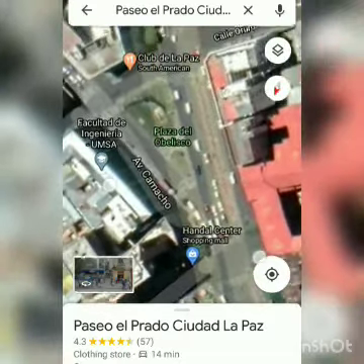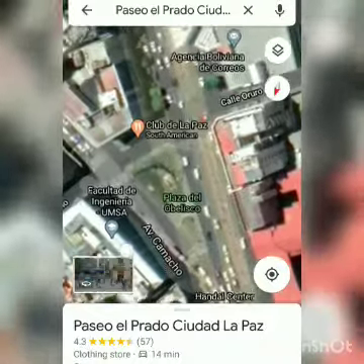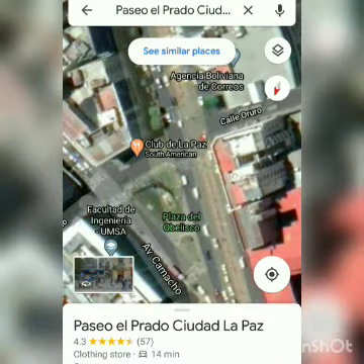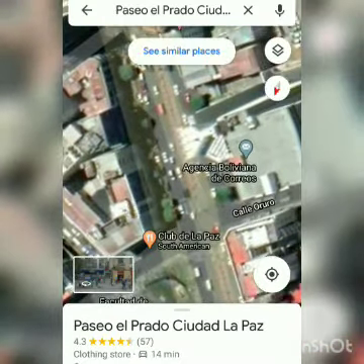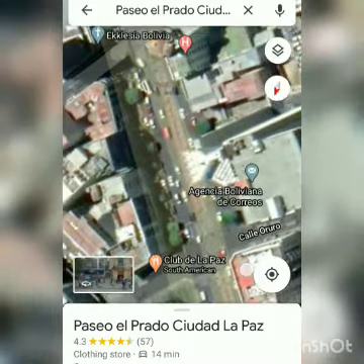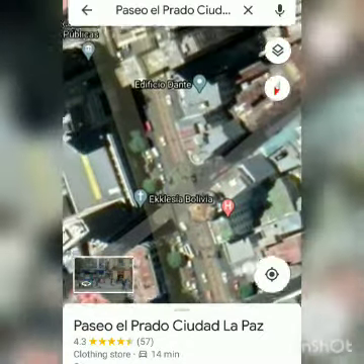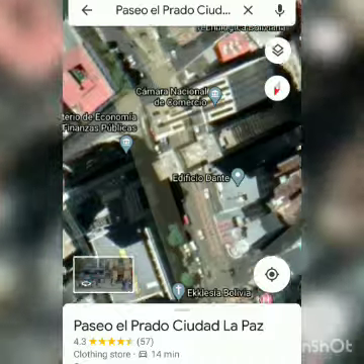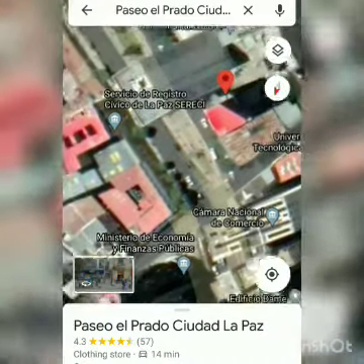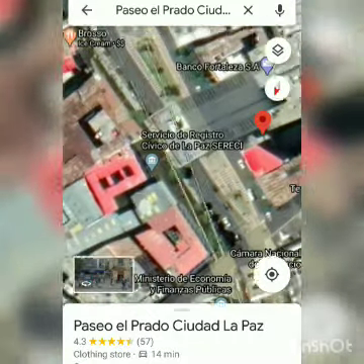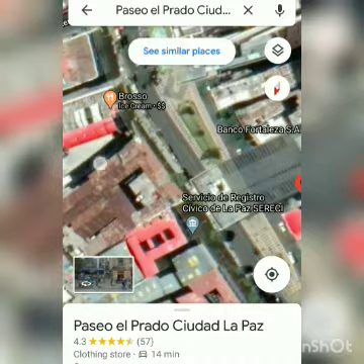Yes, what do we have here? We have Obelisco Square, Camacho Avenue, a very famous center, Club La Paz, right? Then we have the post office. We pass the post office. We have other buildings. The sightseeing is very interesting here. Then we have one famous restaurant of ice cream.